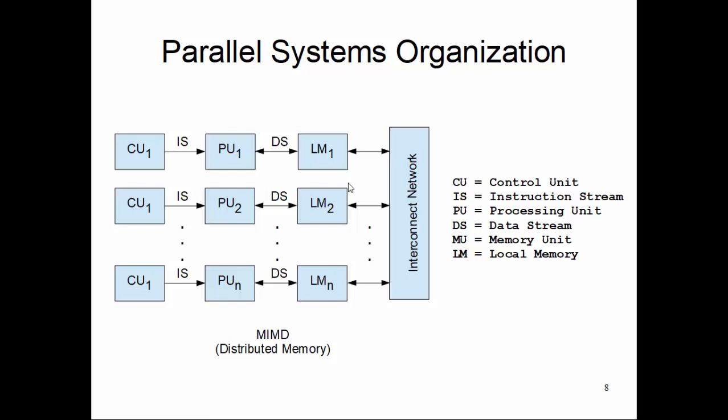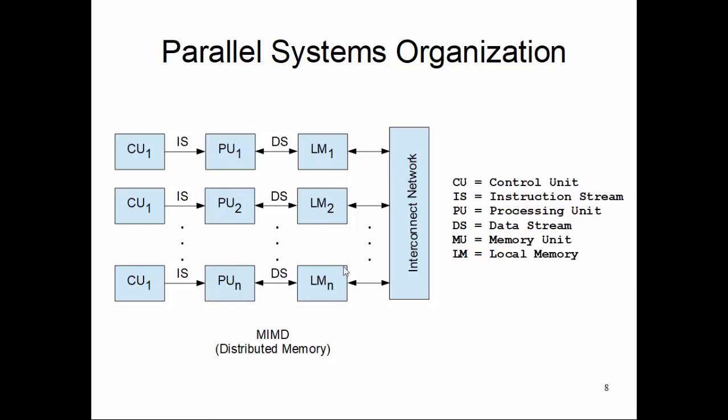Whereas MIMD in a distributed memory scenario, what happens is this: it has multiple control units, which stream instructions towards multiple processing units, and each of these processing units is connected to its own unique local memory unit, LM for local memory.